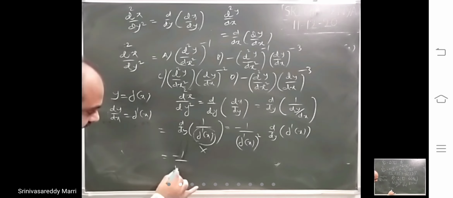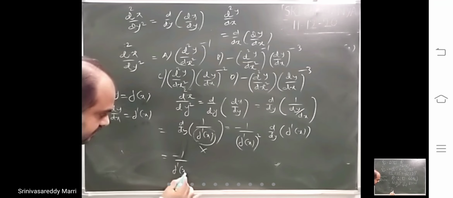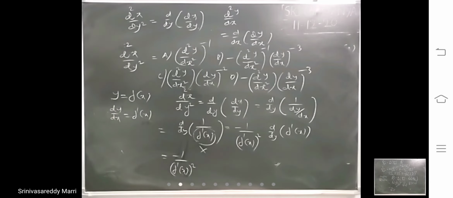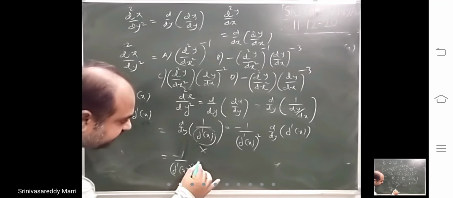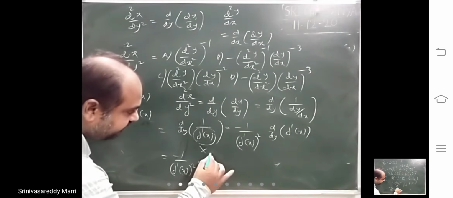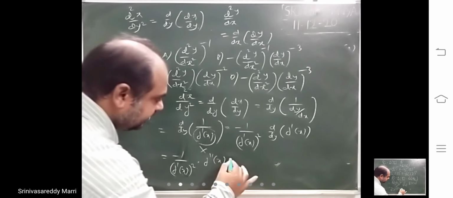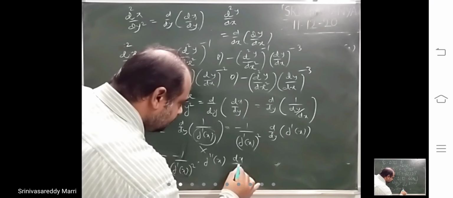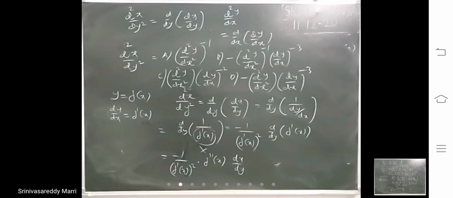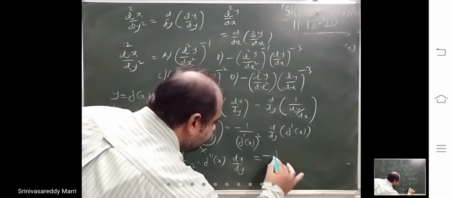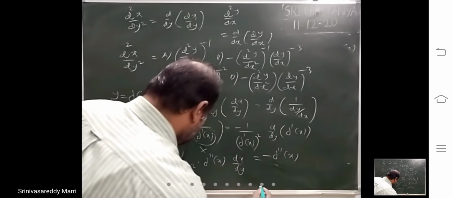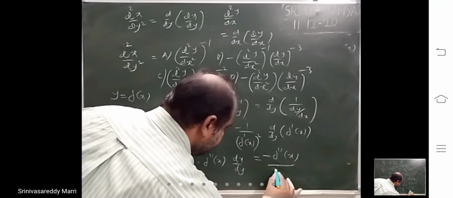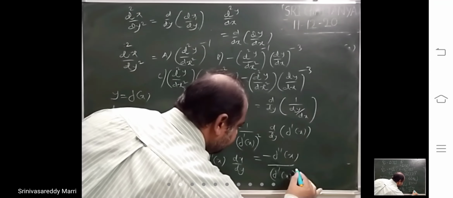That means minus 1 by f dash x whole square into the derivative of f dash x, which is f double dash x into dx by dy. That means this is minus f double dash x divided by f dash x whole square, into dx by dy.